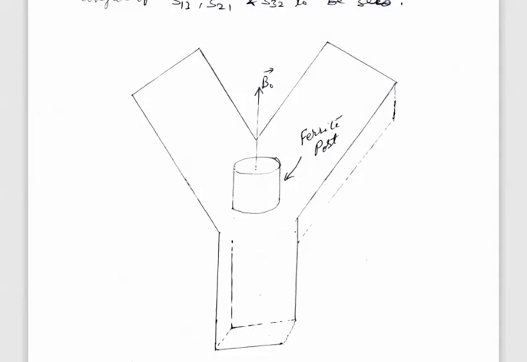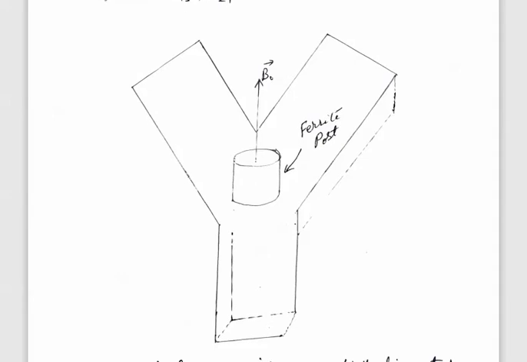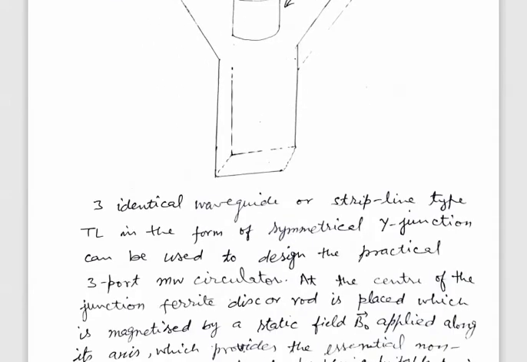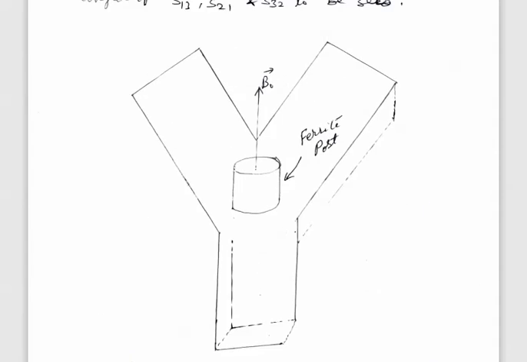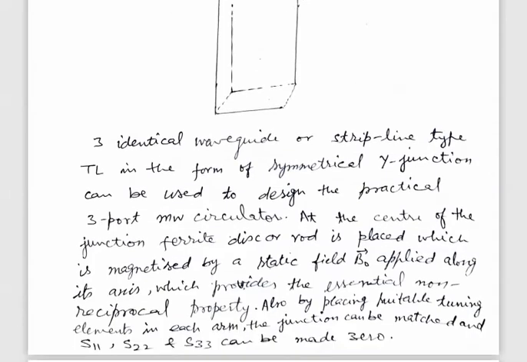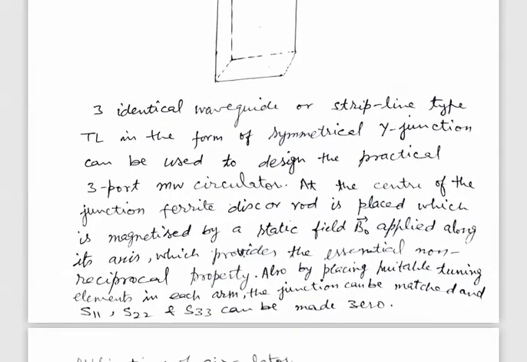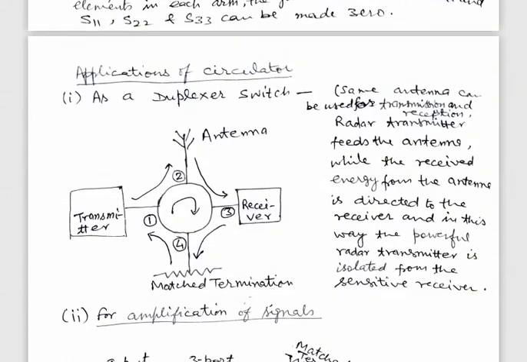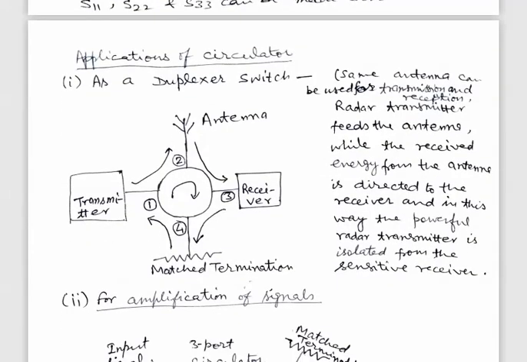So this device, by the Carlin theorem, if it is a non-reciprocal matched device, then this will act as a perfect 3-port circulator. So this is shown in the figure. Now we will discuss the applications of the ferrite circulator.